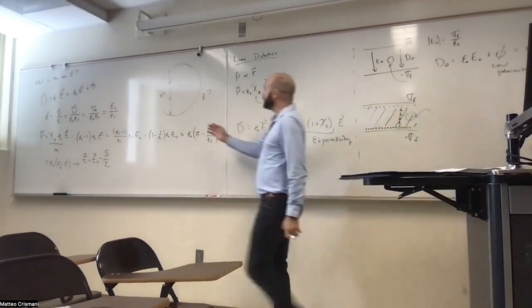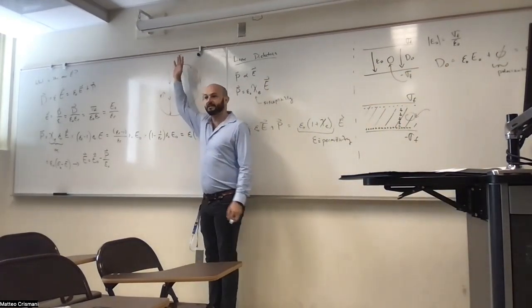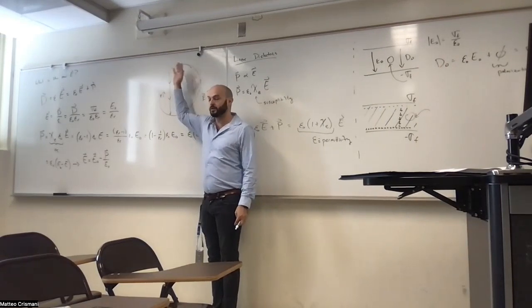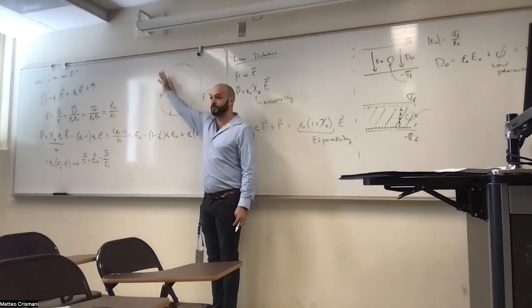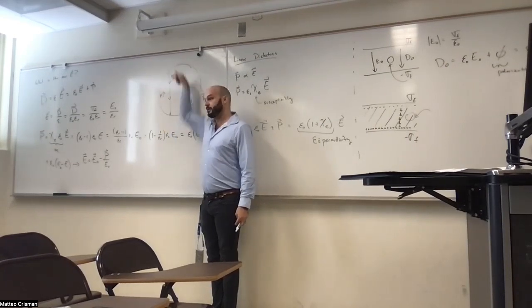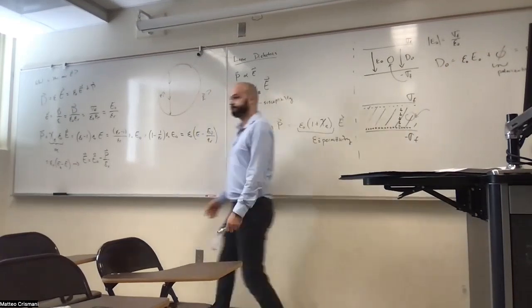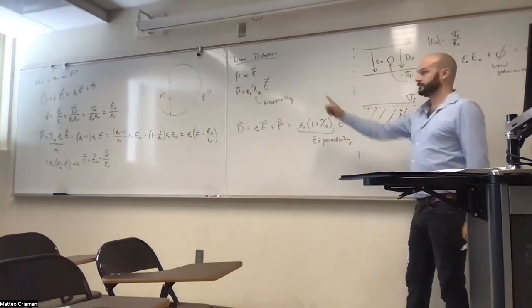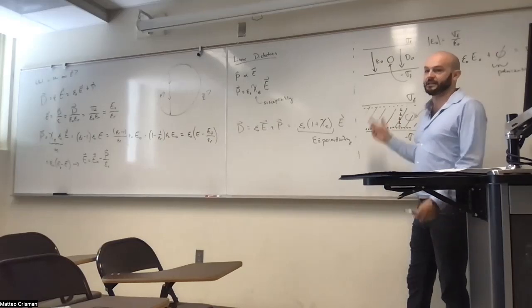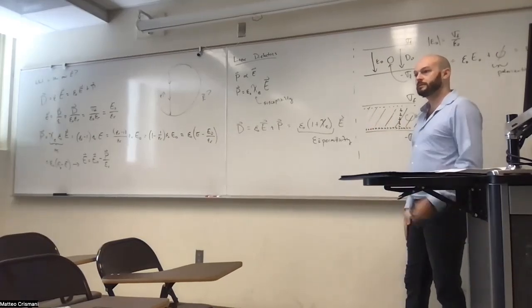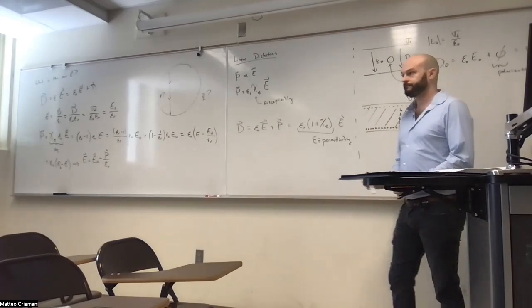So polarization going in the same direction as the external electric field sets up a charge distribution that produces a field in the opposite direction of the original electric field. Same process. You see that? Can you explain that one more time?